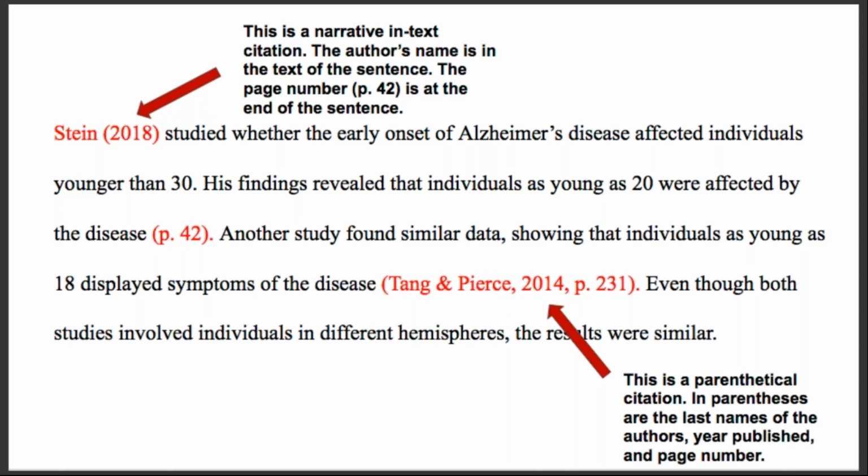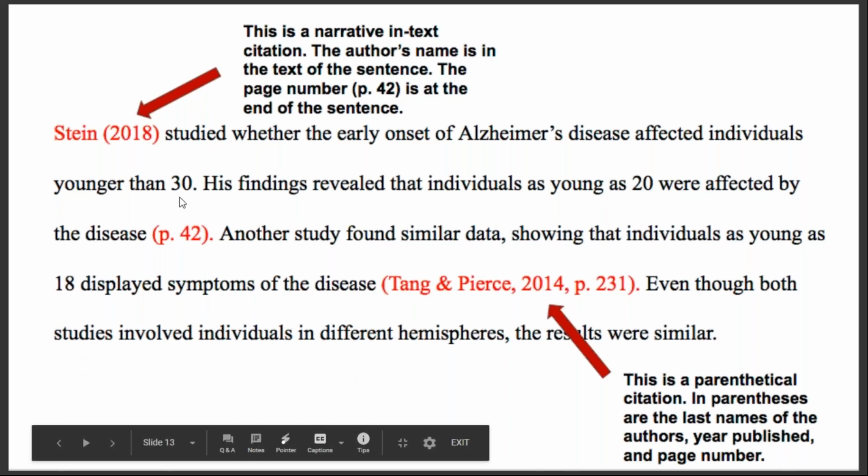The date is always going to follow the author's last name. So wherever that last name is, that's where the date's going to be. So Stein, 2018, et cetera. And then there's the page number at the end, right here.